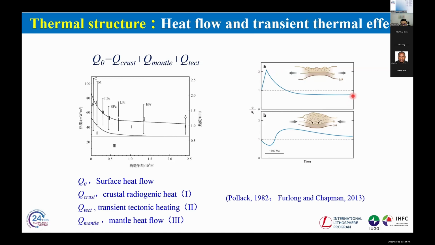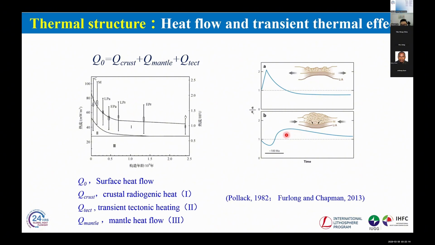So finally, the heat flow is a little bit smaller than the original one. Well, for the contraction process, or a condition like this one, firstly the heat flow can be a little bit decreased, because when the two blocks collide together, the cold crust can dip into the other one, which reduces the heat flow.